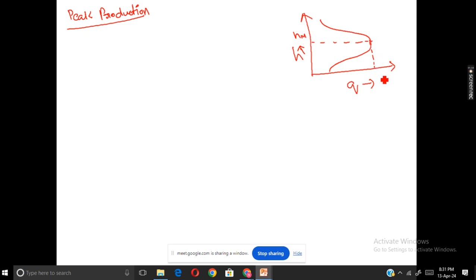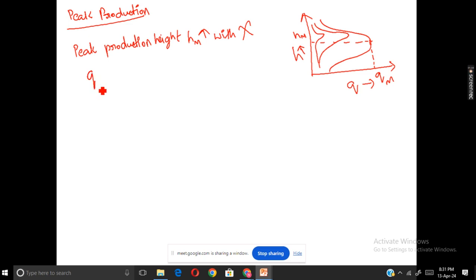This is the value of Q, which is Qm. As we saw in one of the questions, peak production height Hm increases with the solar zenith angle. If the solar zenith angle increases, the height at which peak production occurs also increases.